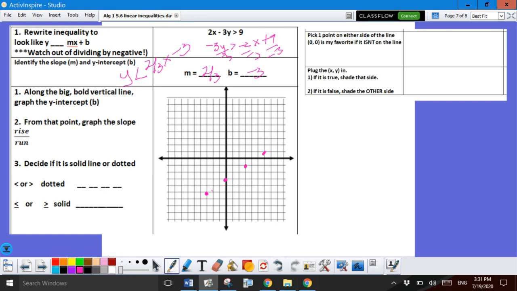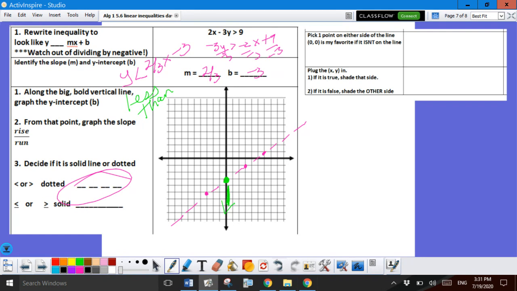Okay, am I open or closed? You're right, you're open. So I have a dashed line. Okay, let's put our finger on our y-intercept and let's read our problem. So y is less than. So less than should be down.